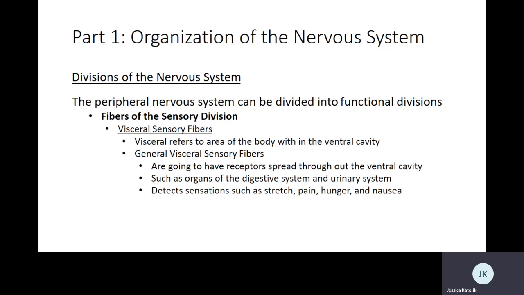As the urinary bladder fills, it will stretch, and when these stretch receptors detect that change in volume, they send a signal to the spinal cord to initiate the feeling of needing to urinate. And so it will initiate that reflex. That is just a specific example of a general sensory fiber in action.